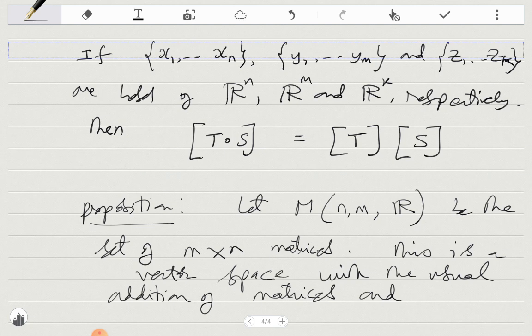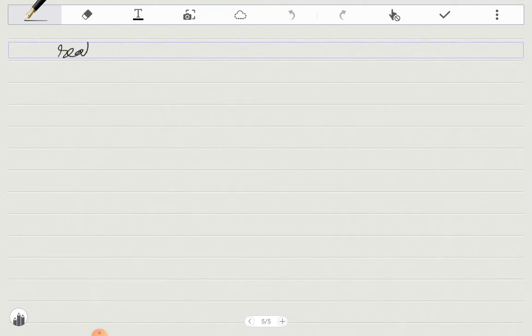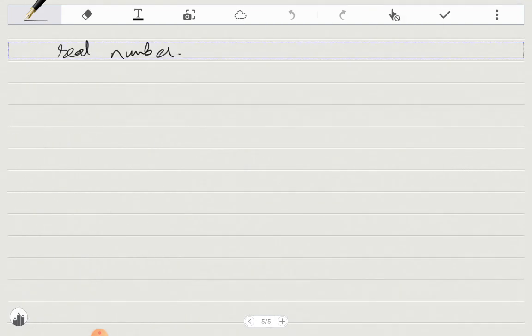And we also know how to multiply a real number with a matrix: we just multiply every entry with that real number. So the claim is that with these two operations, it becomes a vector space.